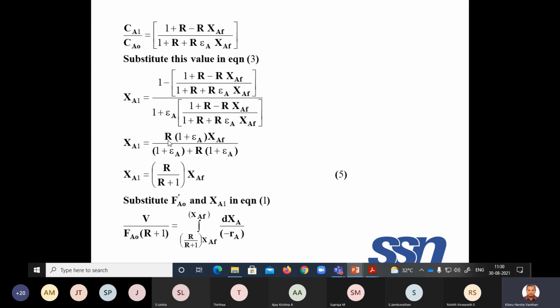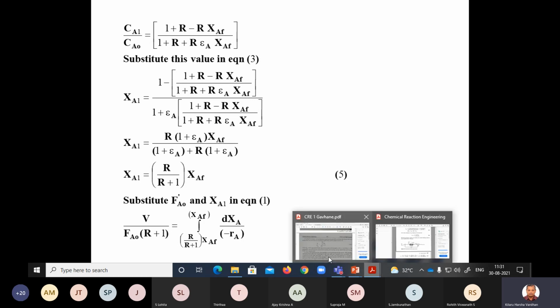If you take all R terms to one side and all epsilon A to one side, some things will get cancelled out. So you have to write it in such a way that XA1 is R times 1 plus... Again I repeat, from this step to this step there is a huge calculation involved. You won't get it immediately, because in the numerator and denominator you have to add some terms and then subtract some terms to give you this final form. That I will show you here.